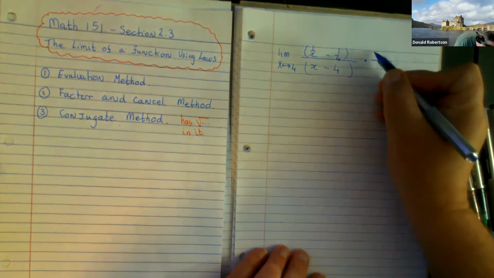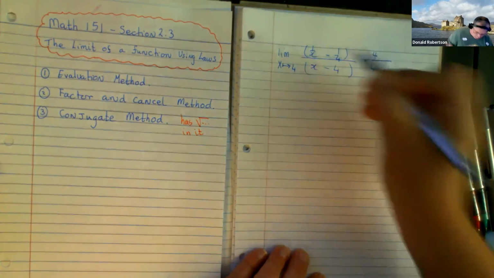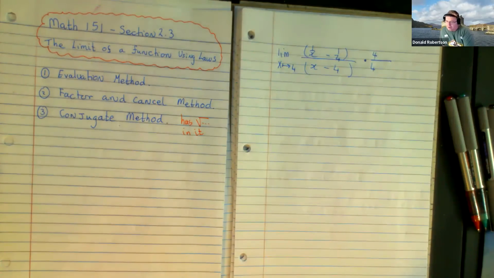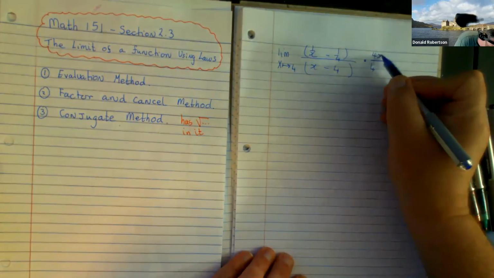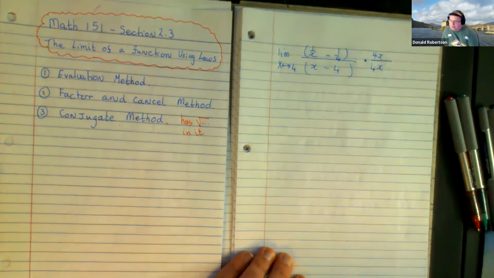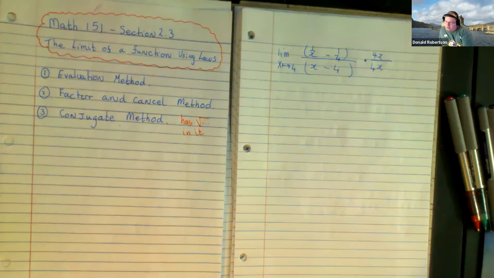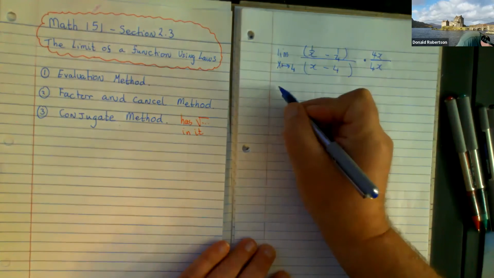If I multiply the top and bottom by 4, won't the 1/4 just become 1? So it's gone. If I multiply by 4x, however, won't I get rid of both? Do you see why I chose 4x here and not 4 on its own or x on its own, right? So move on to phase 2.